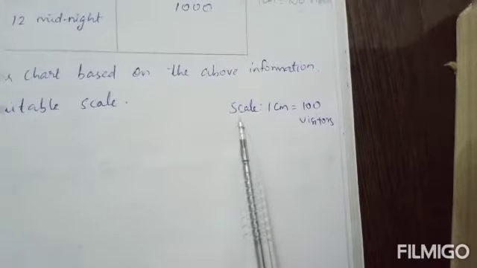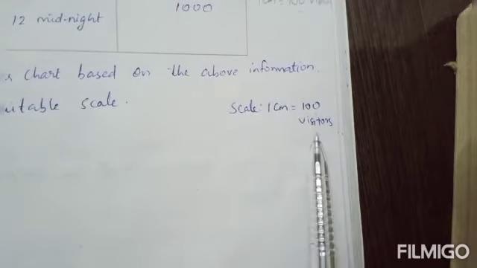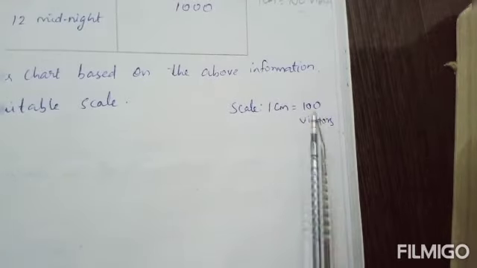How do we take the scale? 1 centimeter equal to 100 visitors. How can you write the numbers? Starting from 100, with the difference 100 you can write the numbers.